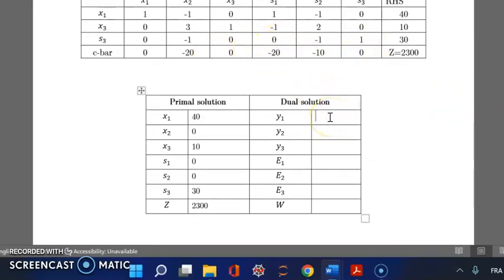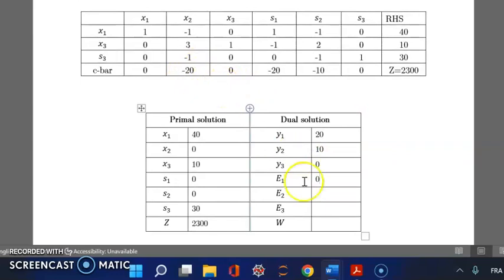So y1 is going to be 20, y2 is 10 and y3 is 0. For the values of e1, e2 and e3, which are the surplus variables in the dual, they're also positive, so we have 0 for e1, 20 for e2 and 0 for e3.